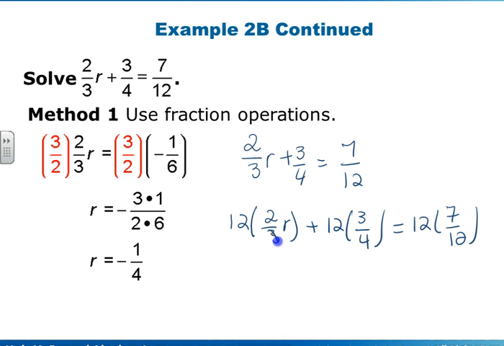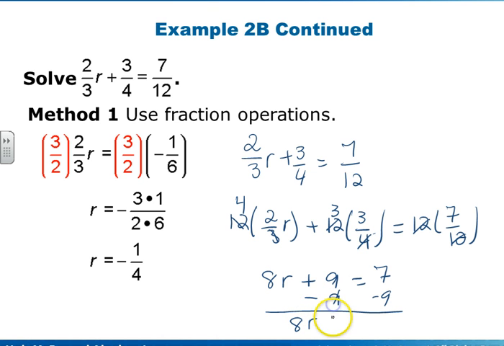So 3 and 12 cancel to become 4, and 4 times 2 is 8. We get 8r plus 4 and 12 cancel to become 3, 3 times 3 is 9, equal to 7, since the 12 cancels. From there, we subtract 9 and end up with 8r equal to negative 2.